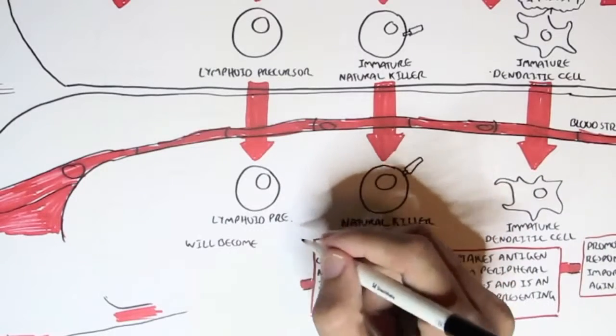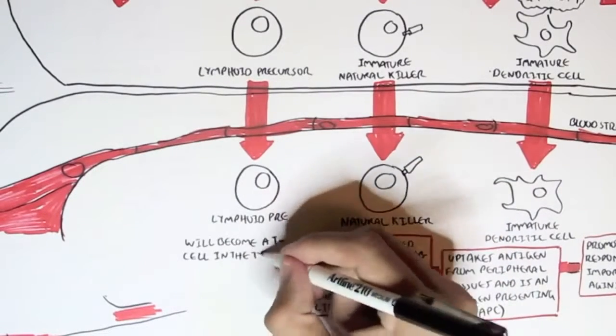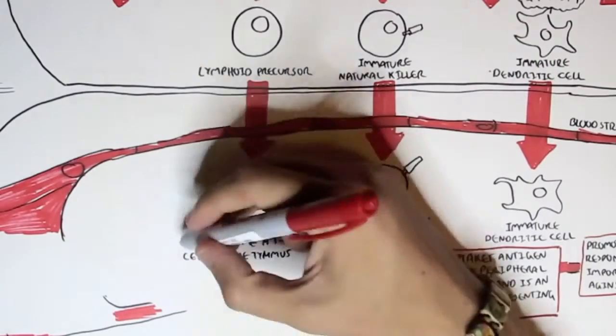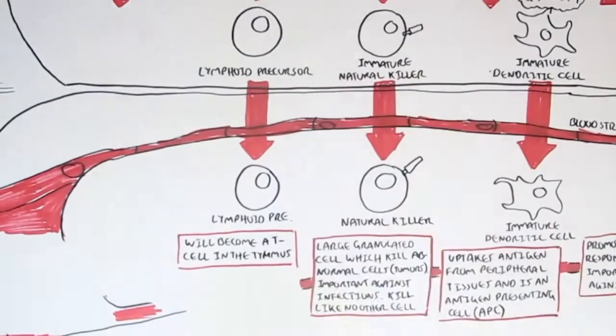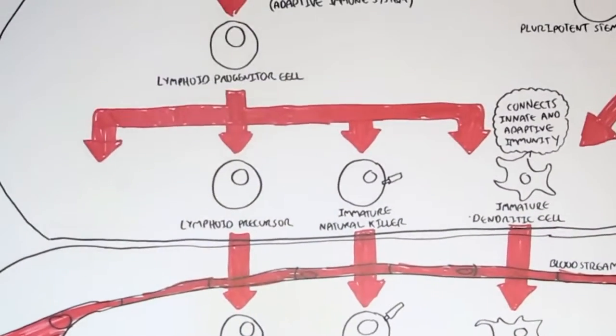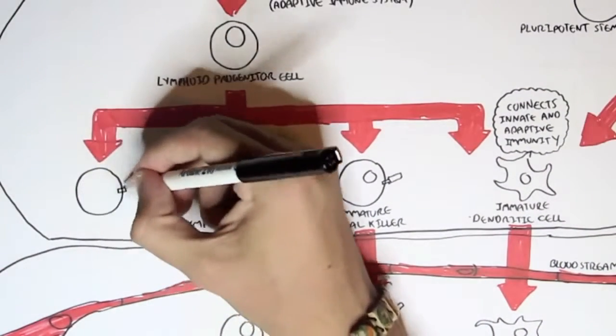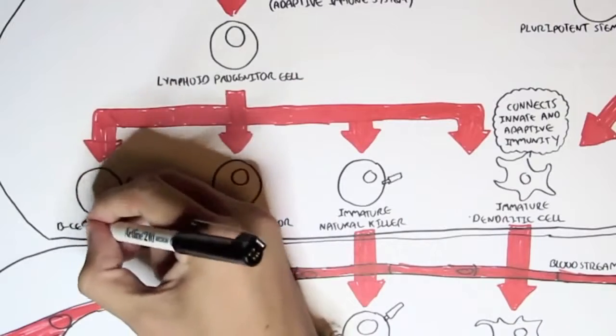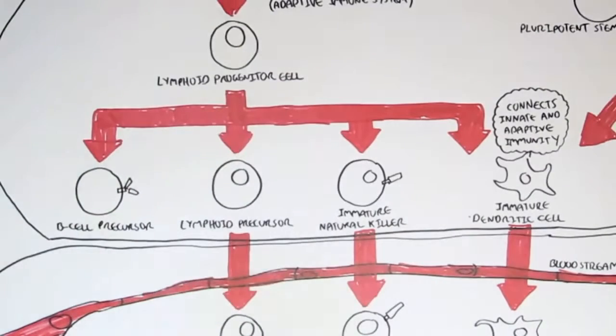So, okay, why isn't this cell just called the T cell precursor or the immature T cell? Well, this is because the lymphoid precursor can actually also give rise to other types of cells in the thymus, but it will mainly give rise to T cells because we need T cells in our body. Okay, I hope you understood that.